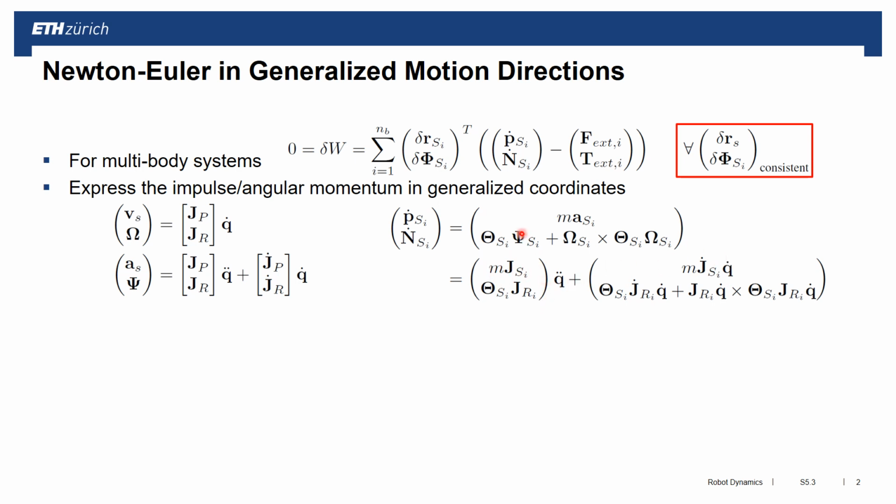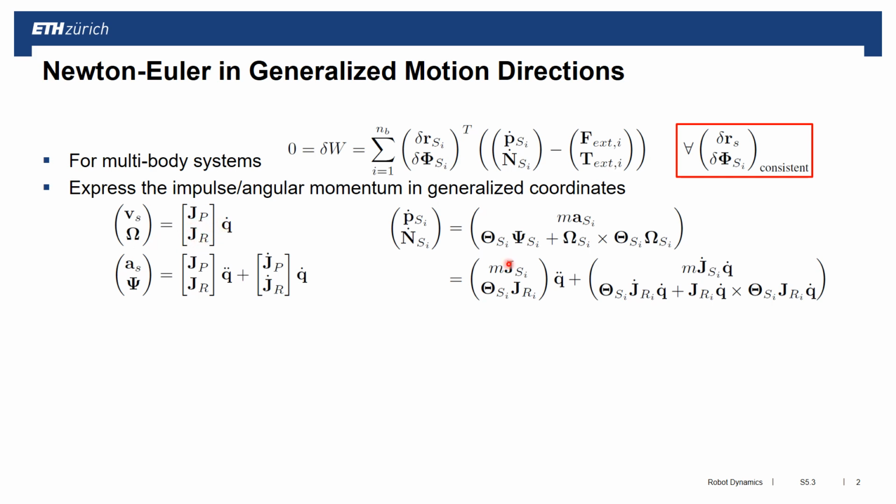And I do the same thing for the angular direction. So we have angular acceleration, which is given here. I insert this here, so I have the rotation Jacobian times q double dot plus the time derivative of the rotation Jacobian times q dot, and then I have the cross-coupling term, and also here I replace this omega with this formula, omega being nothing else than the rotation Jacobian times my q dot.